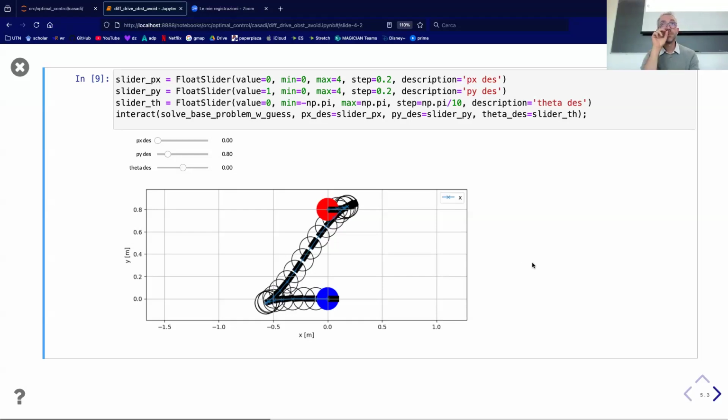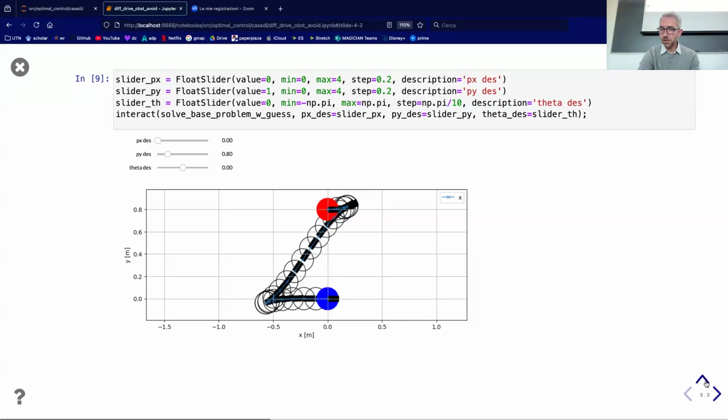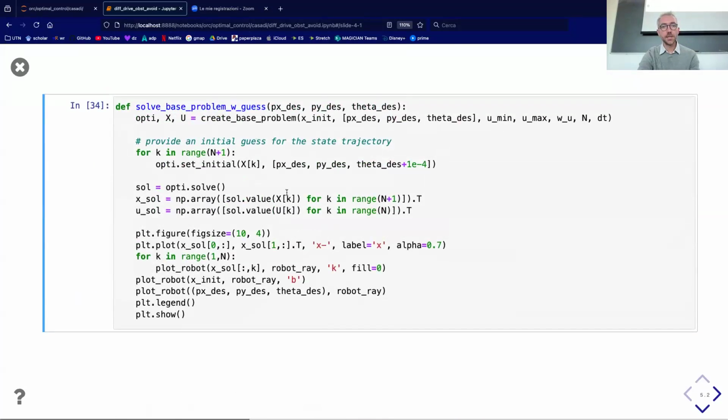Are the initial guesses chosen randomly? No. I decided to set the initial guess to be equal to the desired state plus a very small perturbation on the angle. So here I'm only perturbing the angle.